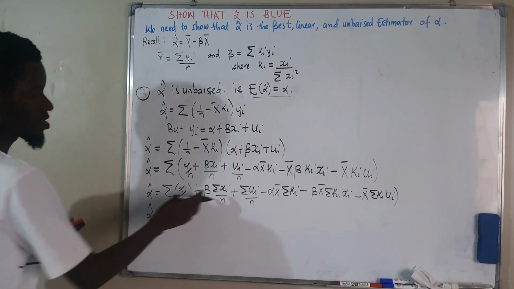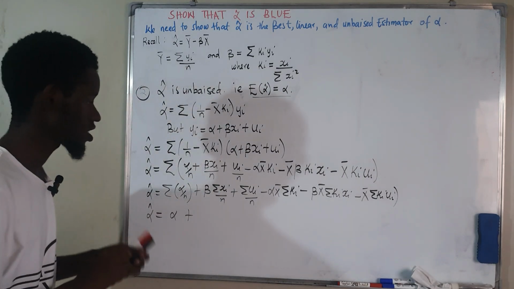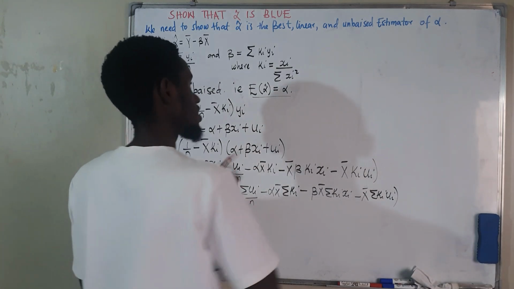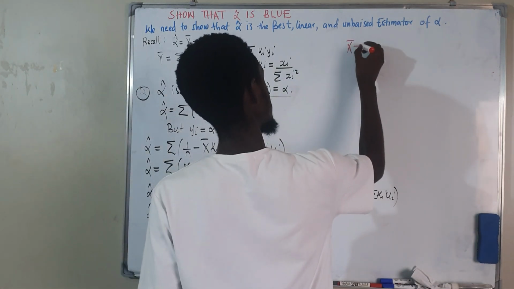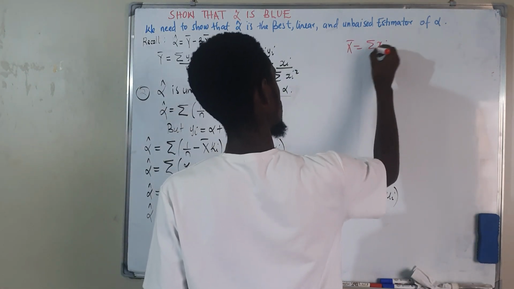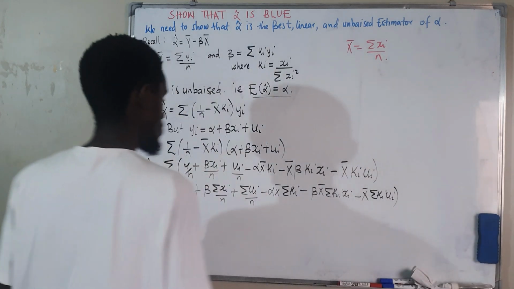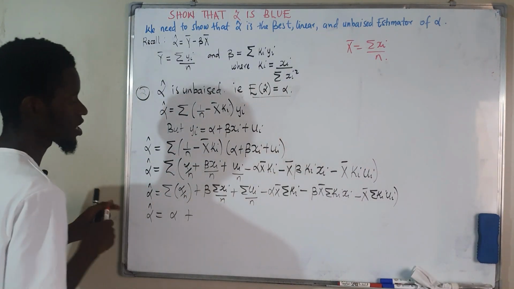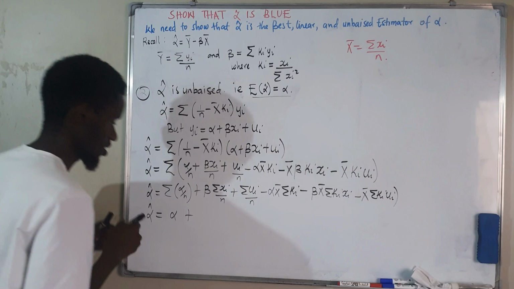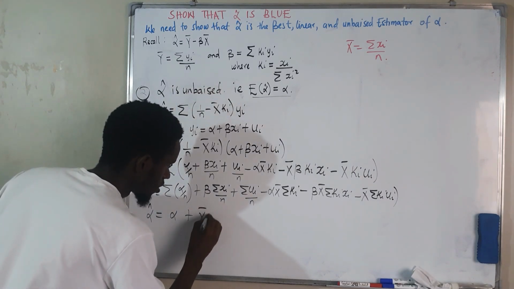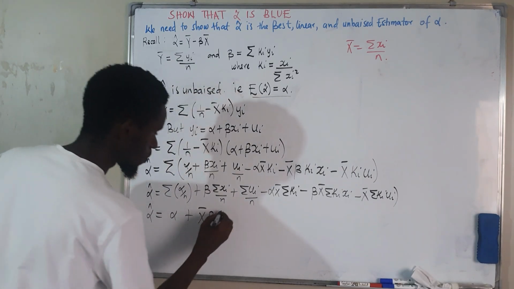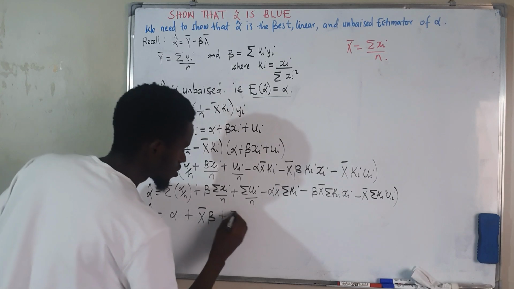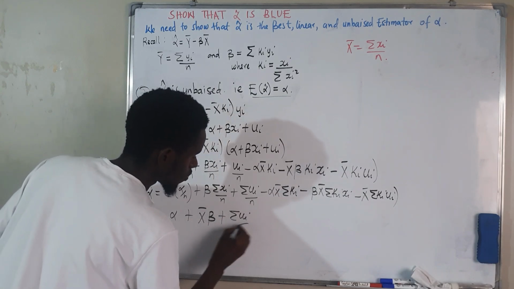Now from this step here, we see that the mean x bar is the same as summation of x_i over n. Therefore, instead of writing this one, I'm going to write just x bar times beta, plus now summation of u_i over n.